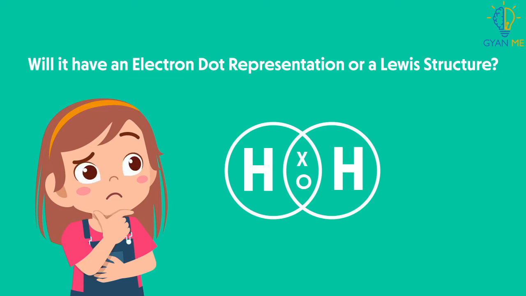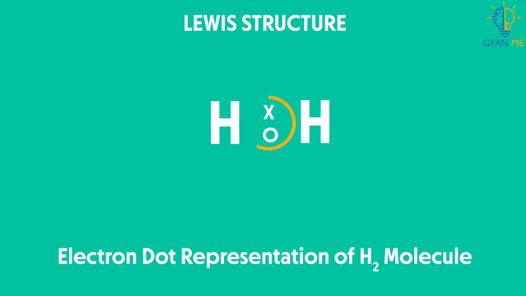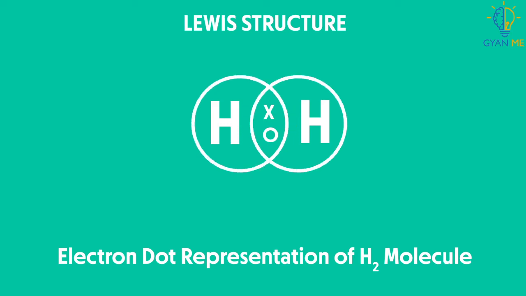Yes, obviously yes. To draw that, write two hydrogen atoms symbolically like this. Represent the valence electron as a dot for one hydrogen atom and cross for the other atom. As said, both of these atoms share their electrons, which is shown like this by circles.